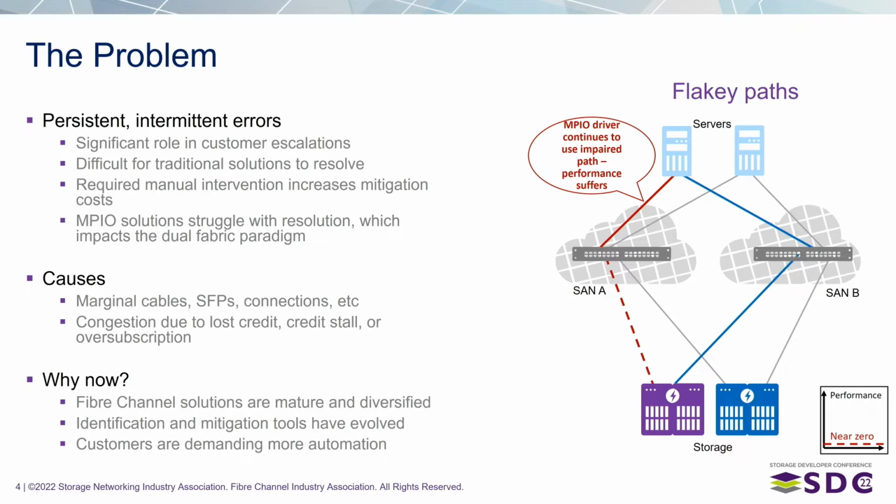One thing about multipath solutions, which a lot of fabrics do: we define multiple paths between the servers and the storage. That way we have redundancy and can get at it, or we can balance loads across those multiple paths. One of the things we found is that when these persistent intermittent problems start to occur, the multipath solutions cannot figure out whether it's logical or physical, because the tools available to them are really at a much higher level.